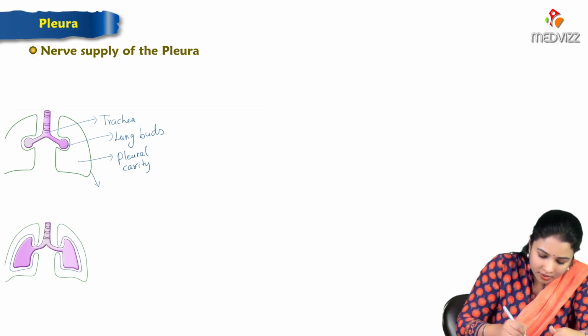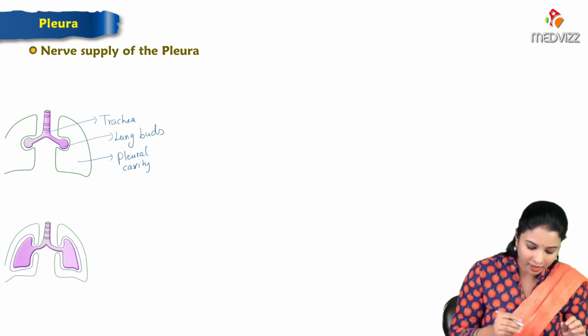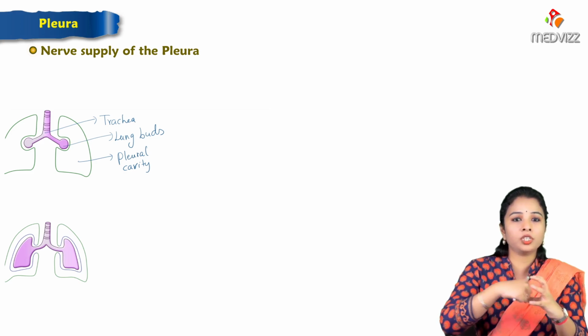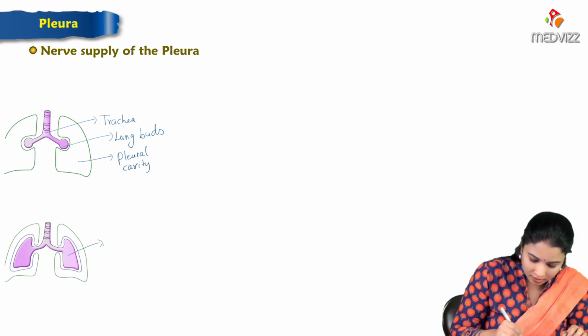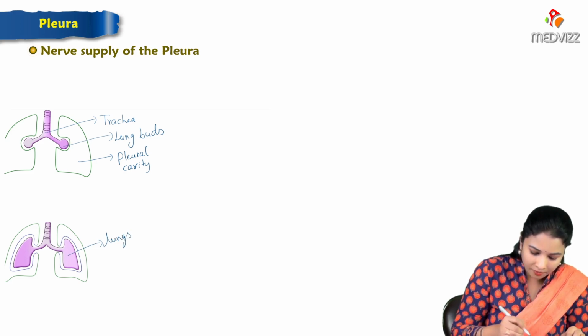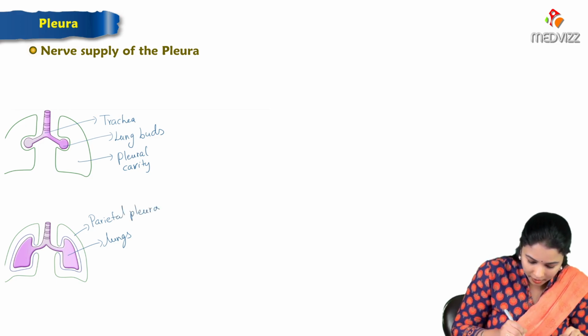You can see the lung buds invaginate into the pleural cavity like a fist punching inside a balloon. The lungs start growing here, and this is the parietal pleura, and the inner layer forms the visceral pleura.